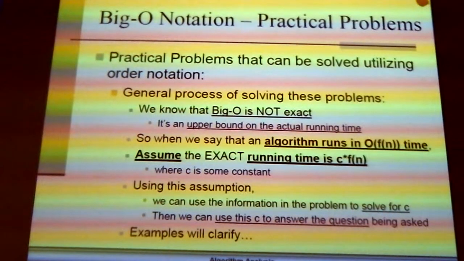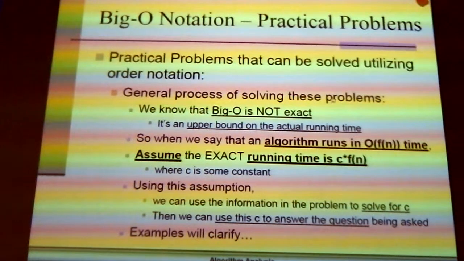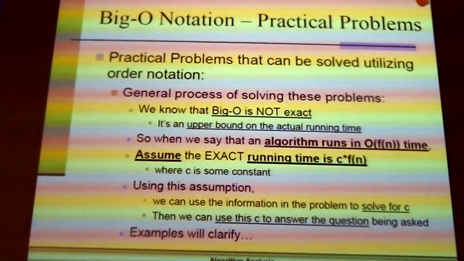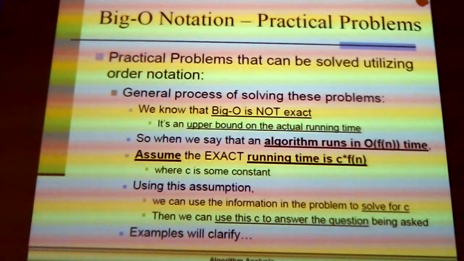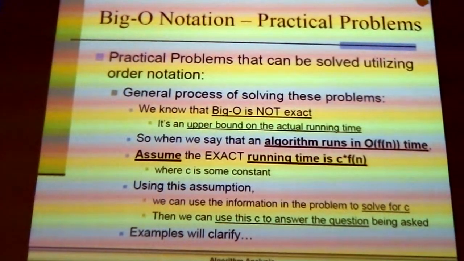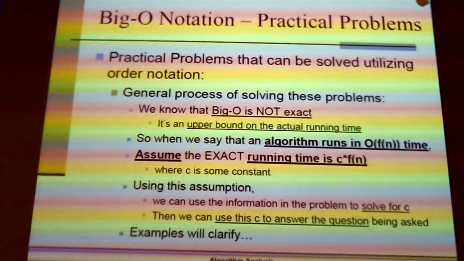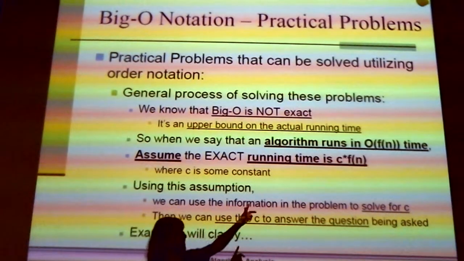And so when we come up with that big O, it's saying that the algorithm runs in big O of that function in the parentheses. That's our upper bound. But the exact running time involves that constant.